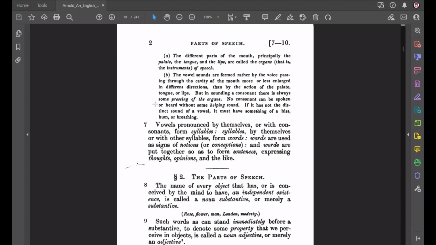And we'll see in all of our studies that one of the main things that our minds do is join simple things together to make more complex things. Join simple ideas together to make complex ideas. Join simple letters or sounds together to make syllables. Join syllables together to make words. Join words together to make sentences.